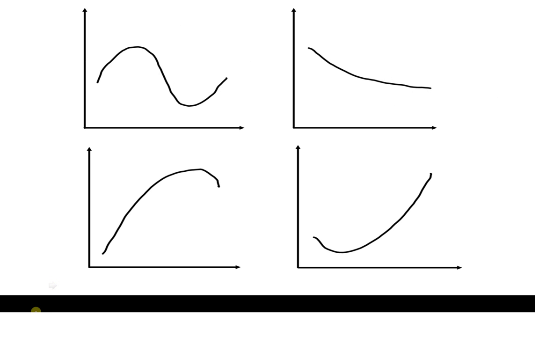Now let's look at several examples here. In the first function between a and b, the maximum occurs at this point x1, and the absolute minimum occurs at this point x2, and that would be lowercase m.